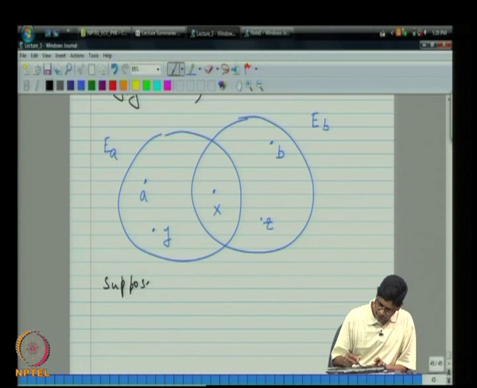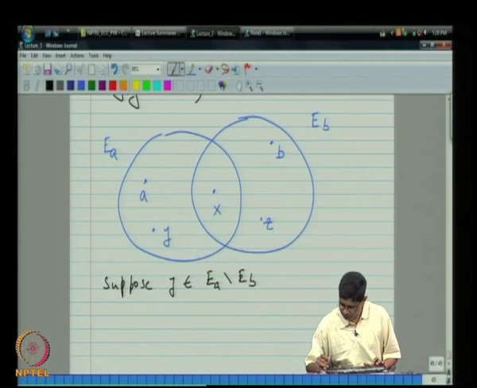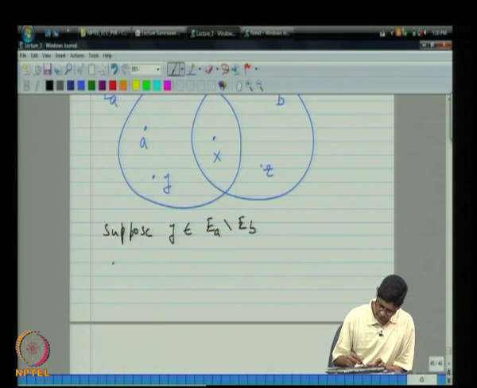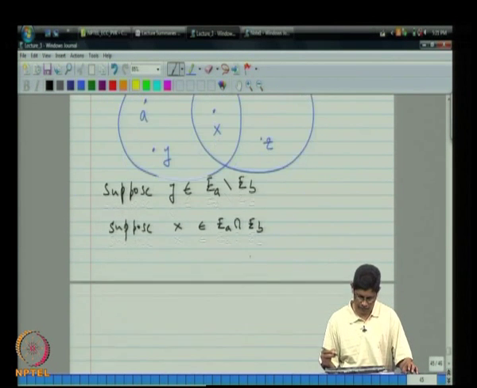Suppose Y belongs to E_A, but not to E_B. Okay. And suppose X belongs to E_A intersect E_B.